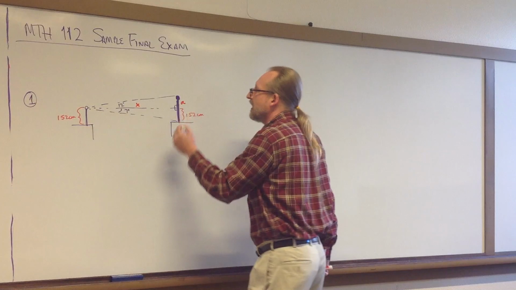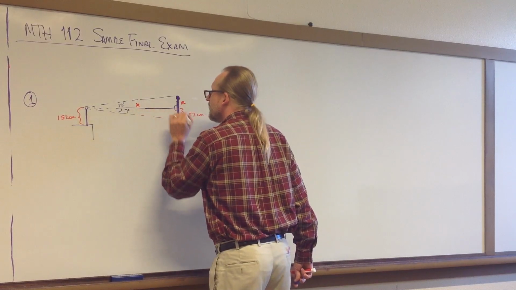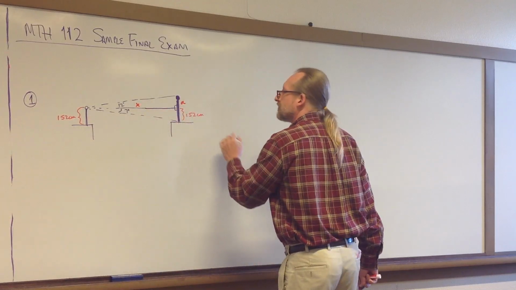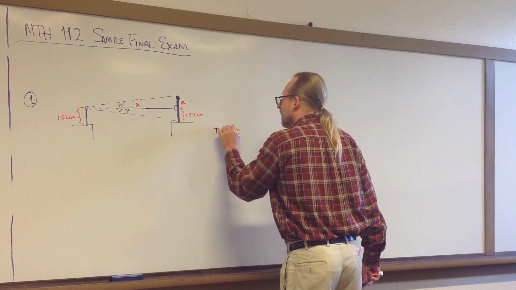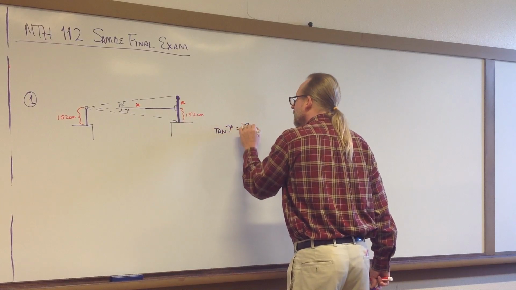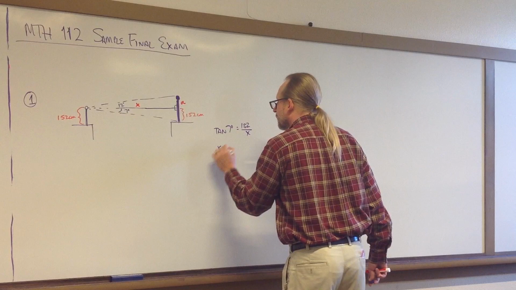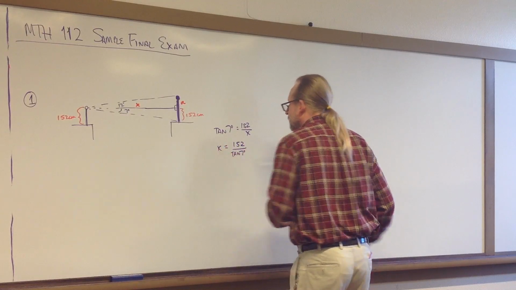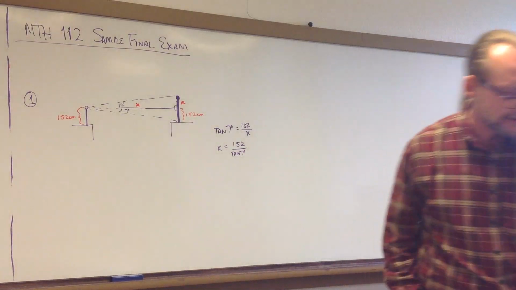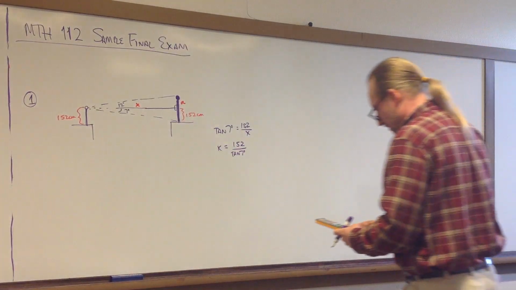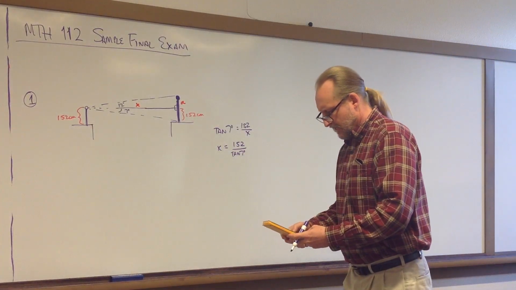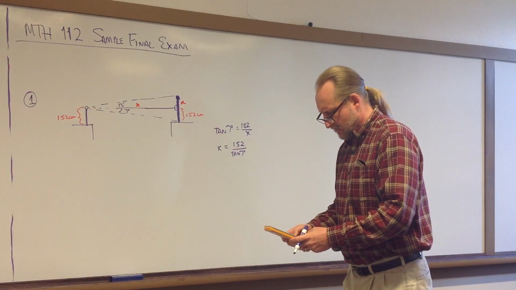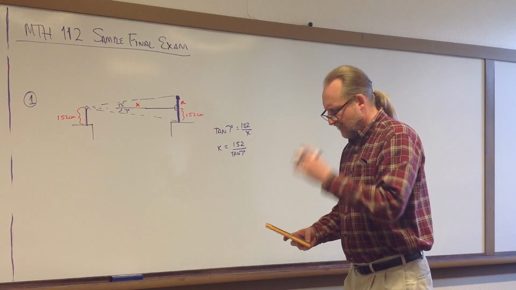That means in a right triangle we can use that information to find out the value of x, because tangent of 7 degrees is going to be 152 over x, and so x is 152 over the tangent of 7 degrees.